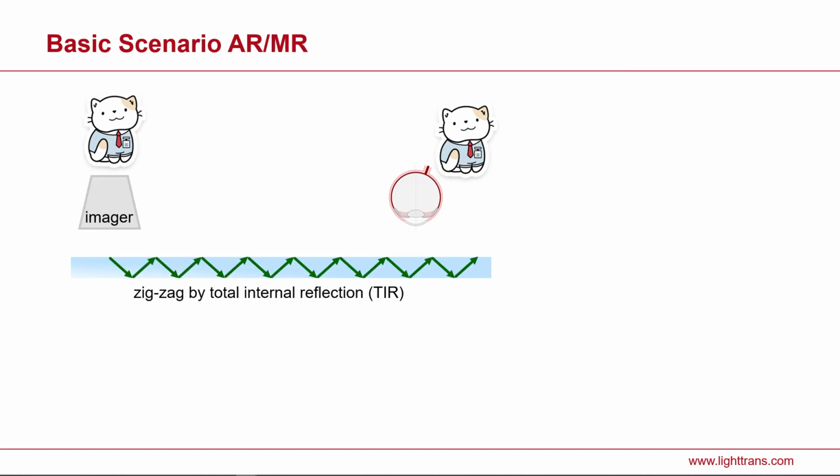So as I already mentioned, we're going to be using the phenomenon of total internal reflection in order to transport that information from where it's generated to the eye. And now let's talk a little bit about the shape that that information takes.